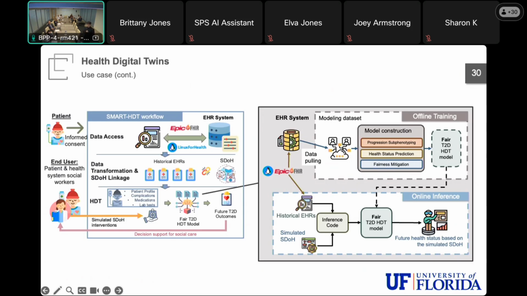Then the social care workers and the patients can manipulate the health digital twin, simulate the intervention to see what happens in the future. So based on these simulation results, the providers and the patients can make more informed decisions, and the detail of this health digital twin follows the general digital twin framework.